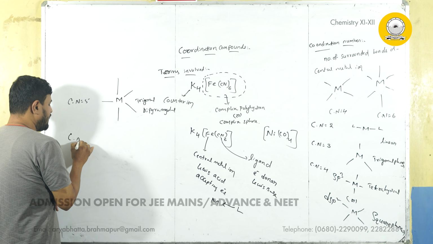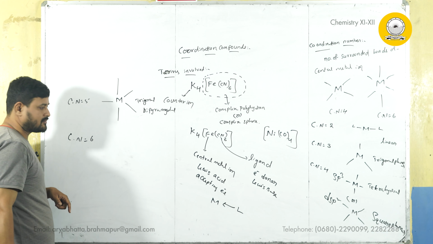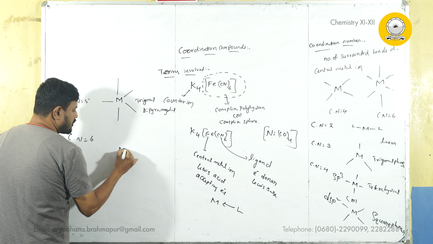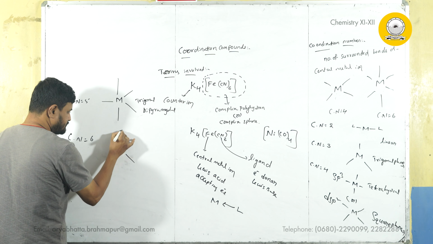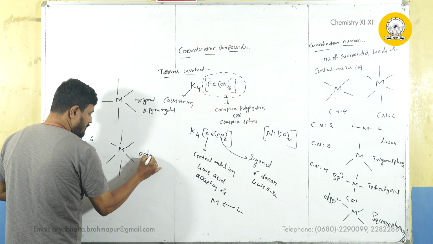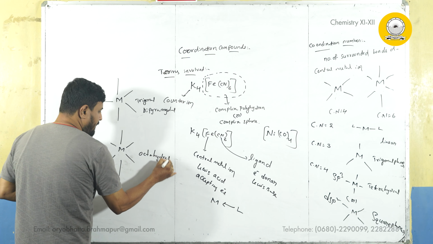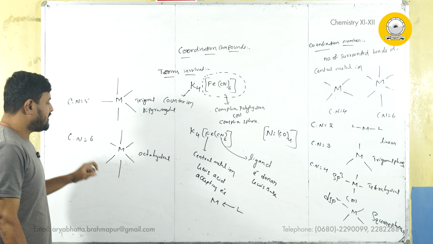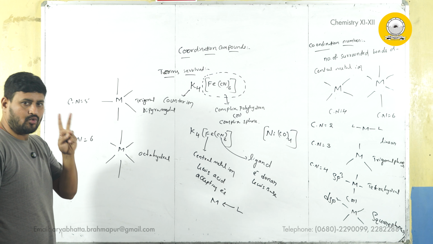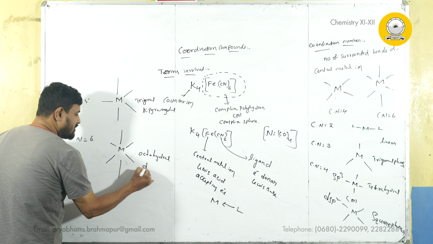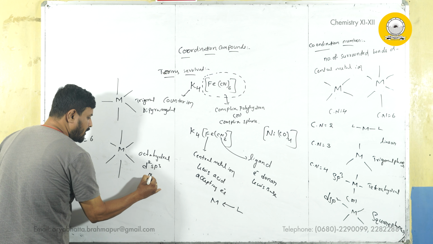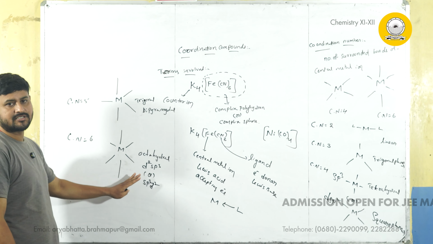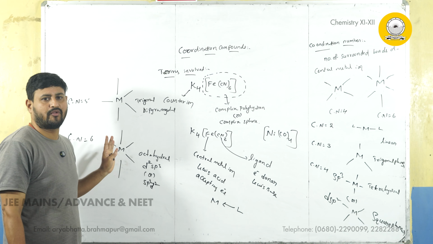And coordination number 6 is octahedral. In that case, octahedral geometry, but there are two hybridizations available, d2sp3 or sp3d2. Two hybridizations are available, but the geometry is octahedral in both cases.